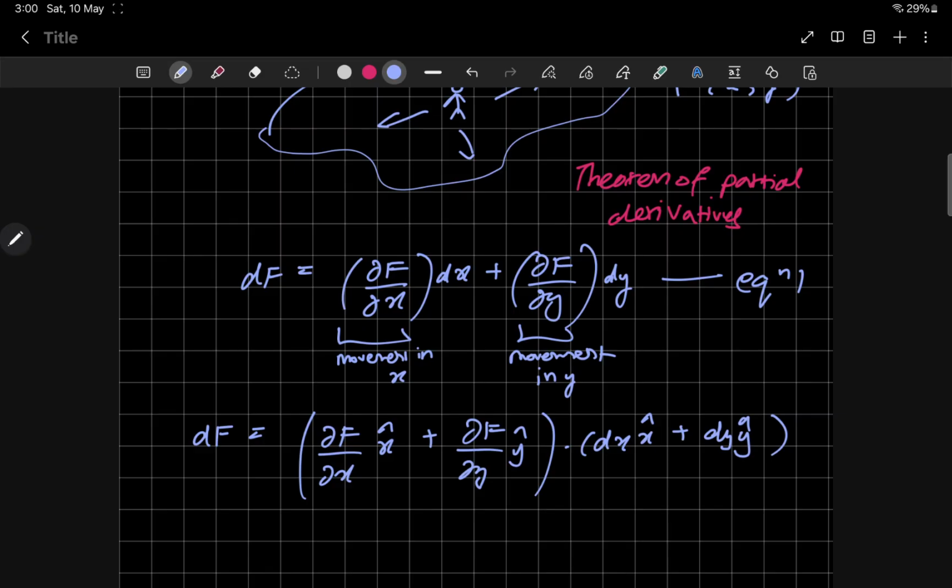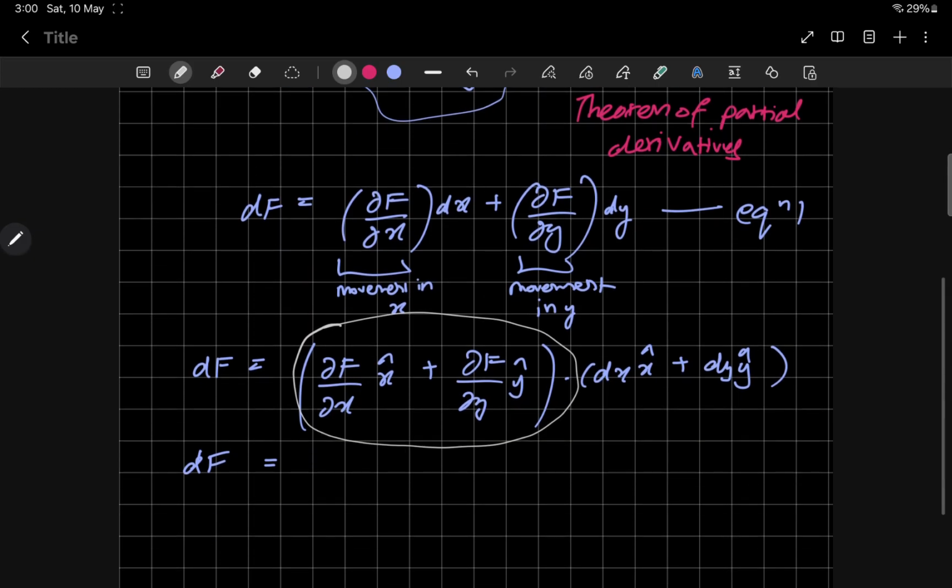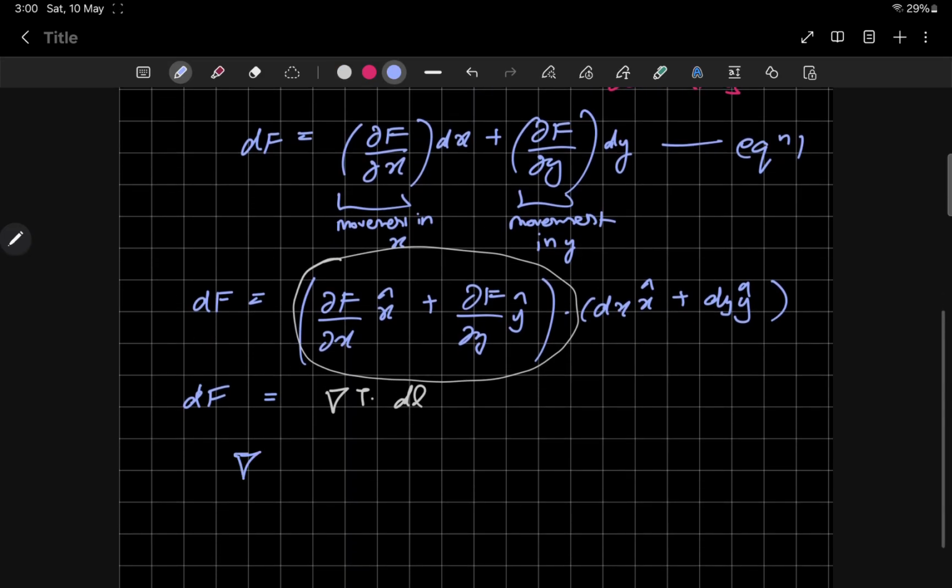And this quantity right here is the gradient of the function. Formally, this is the del operator. The gradient is, you can say, an analog of your slope in ordinary differential calculus.